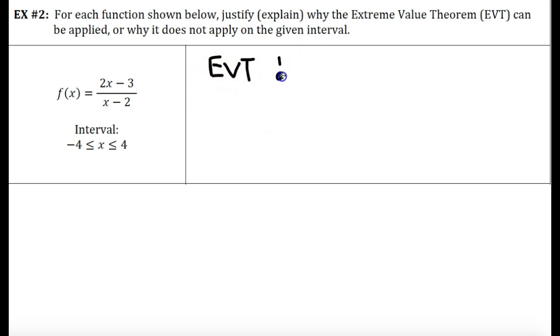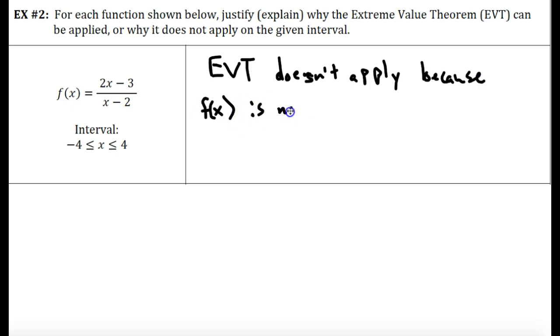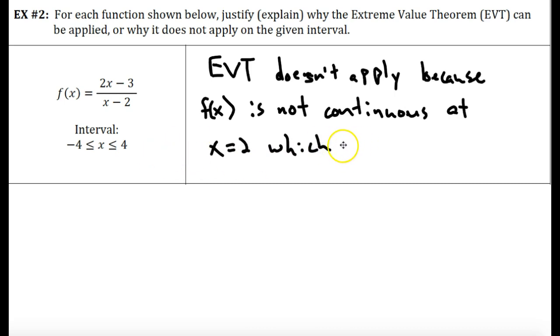So we can say EVT doesn't apply because f of x is not continuous at x equals 2, which is on the interval in question, which is on the interval -4 to 4. All right.